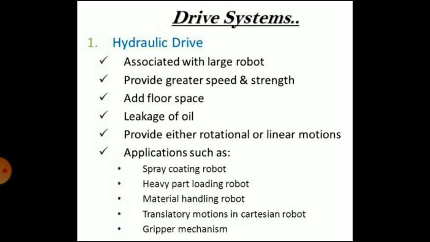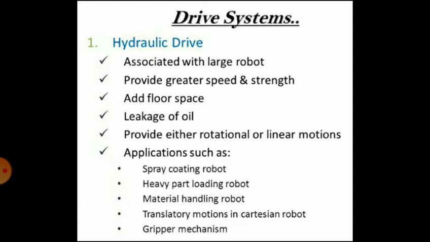Hydraulic drive systems can be designed to actuate either rotational joints or linear joints. Rotary vane actuators can be utilized to provide rotary motion, and hydraulic pistons can be used to accomplish linear motion.